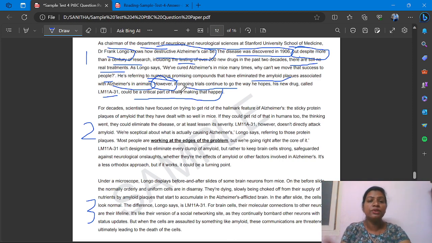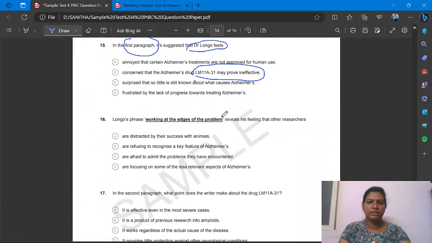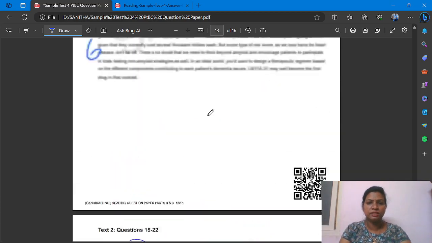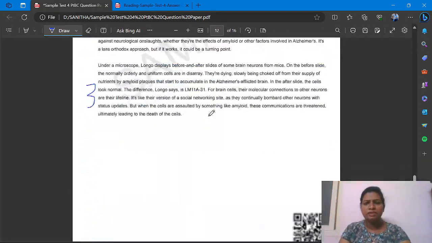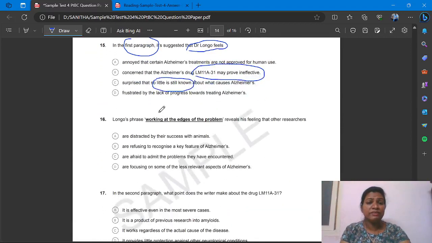What has happened? They are going to find the treatment. So this is not correct. Next option: surprised that so little is still known about what causes Alzheimer's. The disease was diagnosed in 1906, but this is the wrong option.